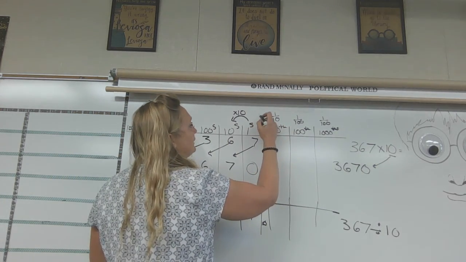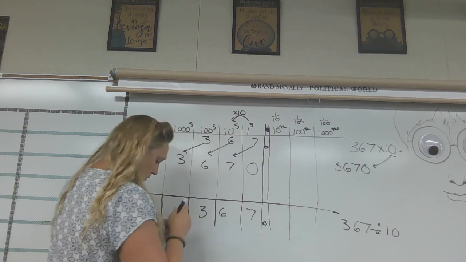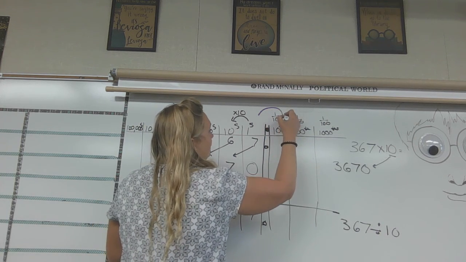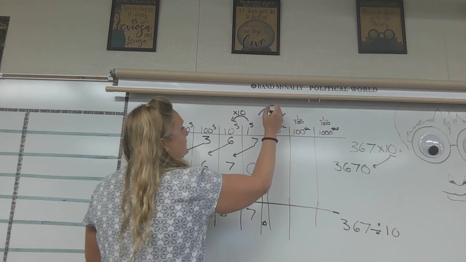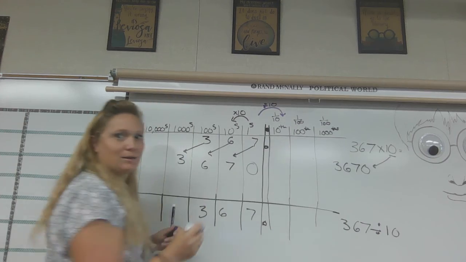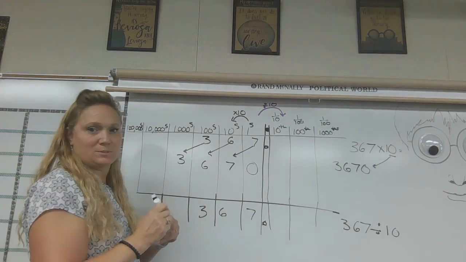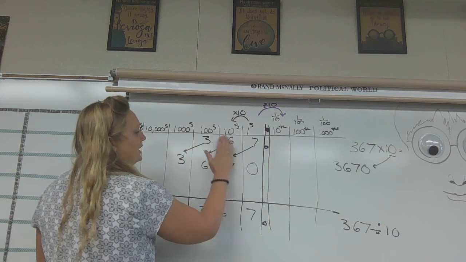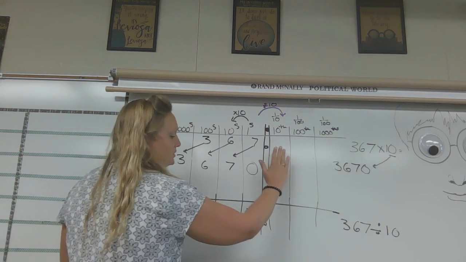Every time you shift down in a place value chart, you're getting 10 times smaller. So if I went from the ones place to the tenths place, I'm actually dividing by 10. I'm getting 10 times smaller. So each shift in the decimal place is just either 10 times bigger or 10 times smaller.